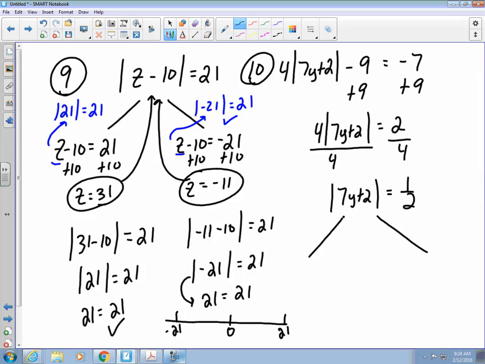So in the absolute value realm, they are equivalent. If it's the absolute value of a positive, it stays positive. Absolute value of a negative turns positive.